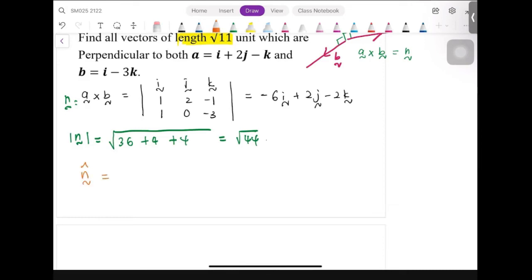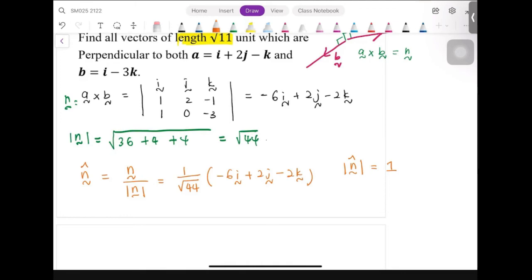Our formula is fixed: the vector divided by its magnitude. So in this case, 1 over root 44 times our vector, negative 6i plus 2j minus 2k. And to double check, calculate the magnitude for this one. For sure, it will be 1.